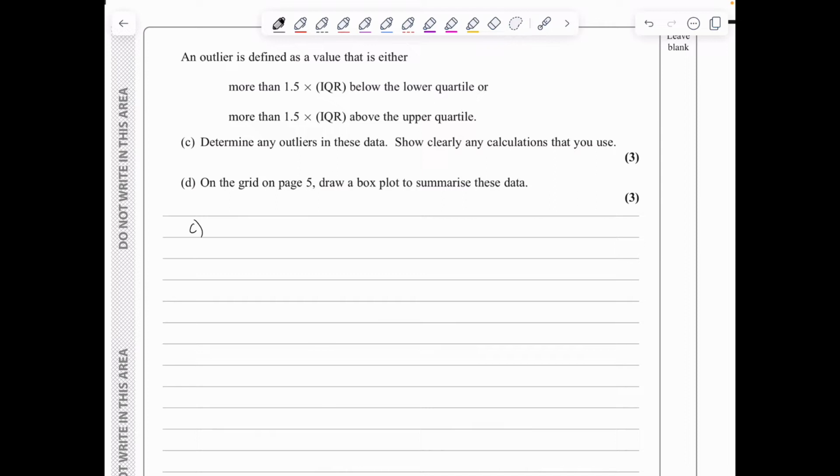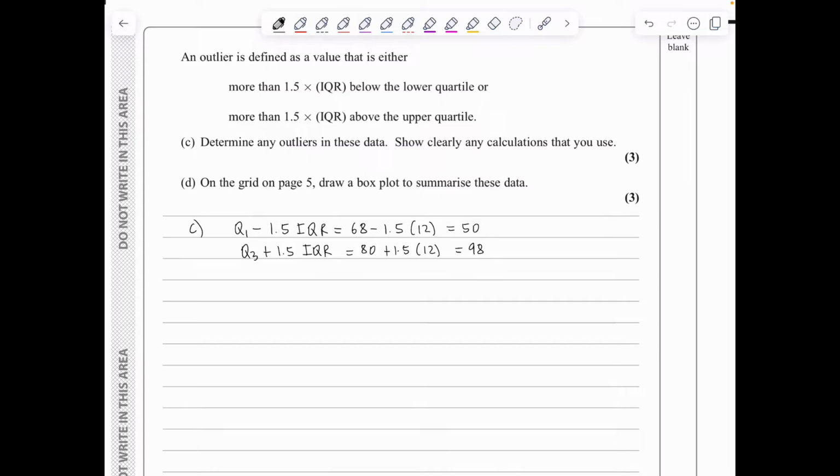So I'll do Q1 minus 1.5 times the interquartile range, which is 68 minus 1.5 times 12, which gives an answer of 50, and Q3 plus 1.5 times the interquartile range, which is 80 plus 1.5 times 12, which gives an answer of 98. These are the limits beyond which outliers are to be found.